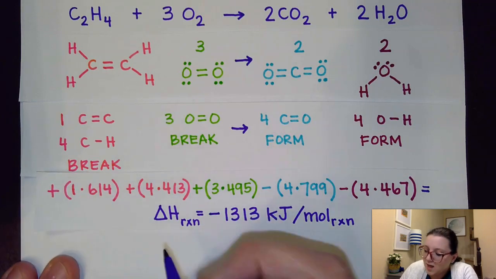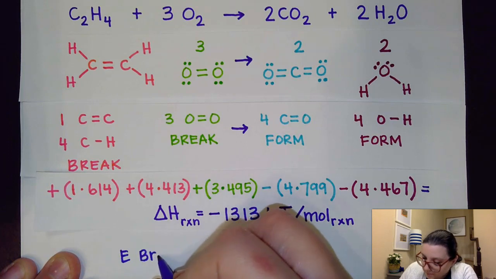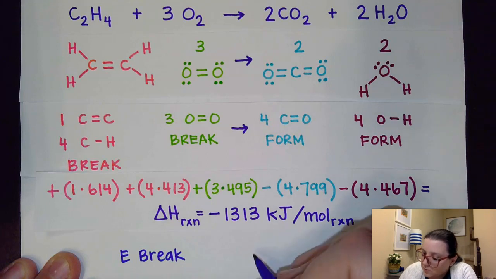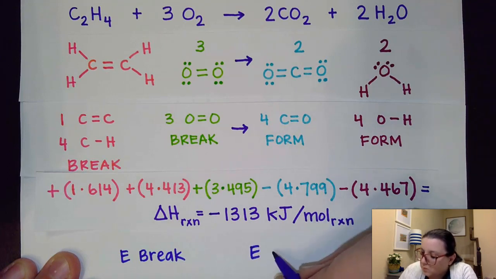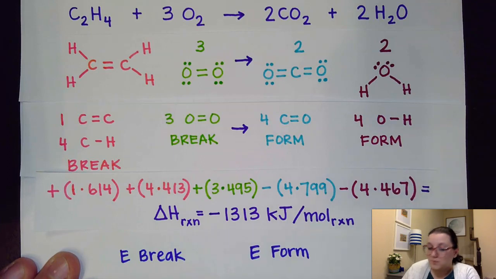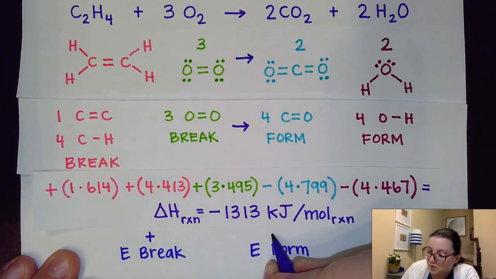We had all of that energy that it takes to break, and all of the energy over here that we released when we formed. And remember, the energy it takes to break was all positive, and the energy released when I formed was all negative.